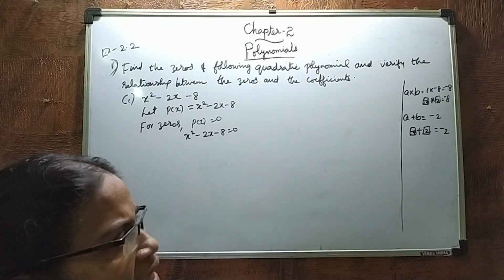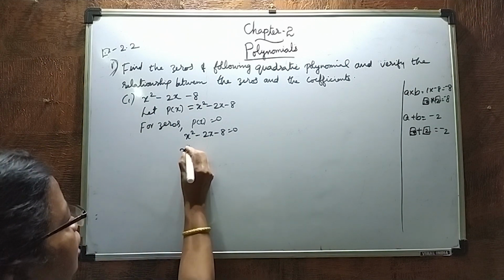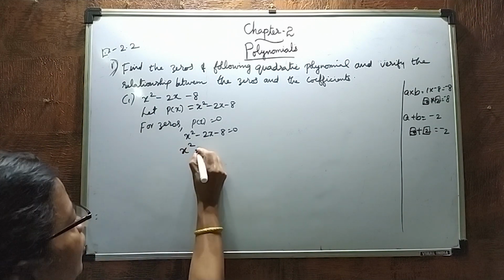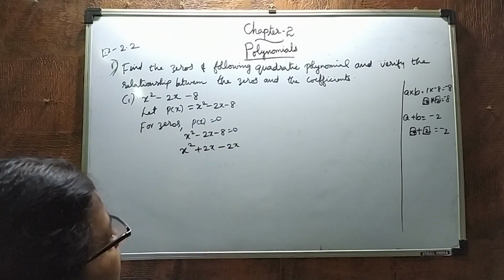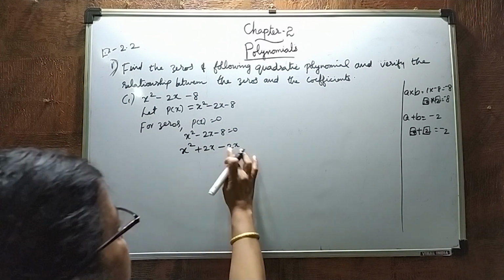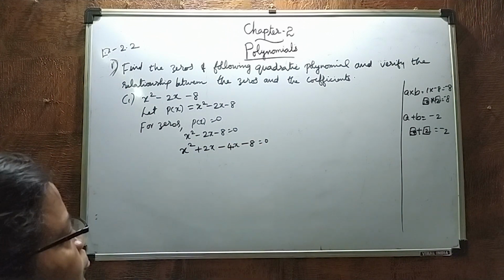Both are correct, negative 4 and 2. Now substitute here: x square plus 2x minus 4x minus 8 equals 0.